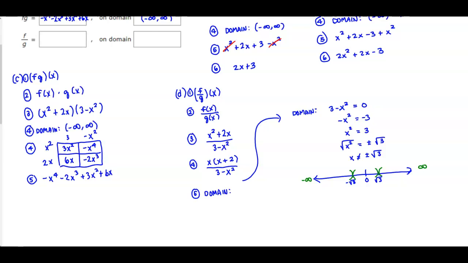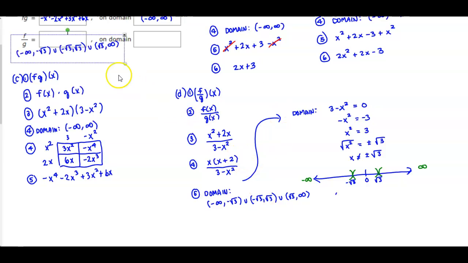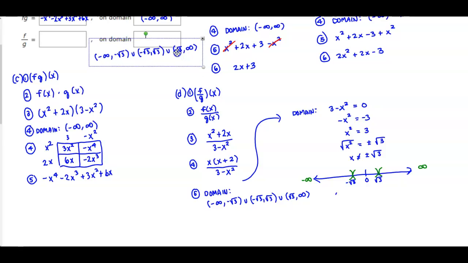So what can we say about our domain of this function? Well, the domain goes from negative infinity to negative square root of 3, union negative square root of 3 to positive square root of 3, union square root of 3 to infinity. So we can go ahead and then write that up here. So there is the domain of this function.